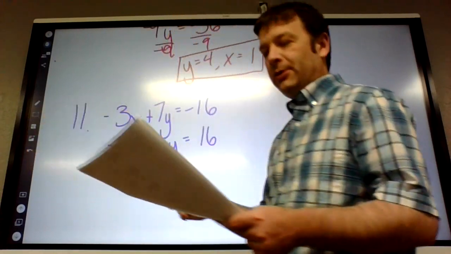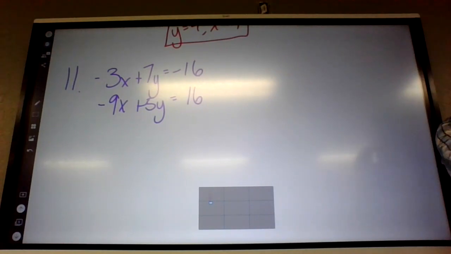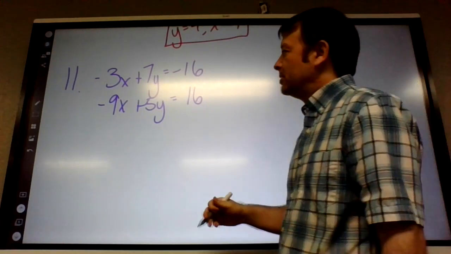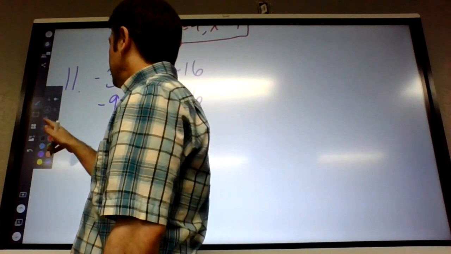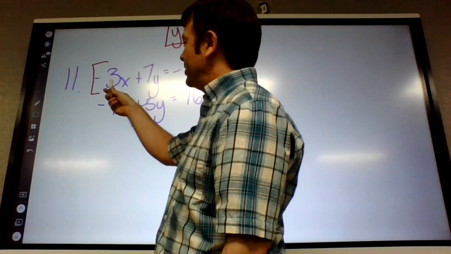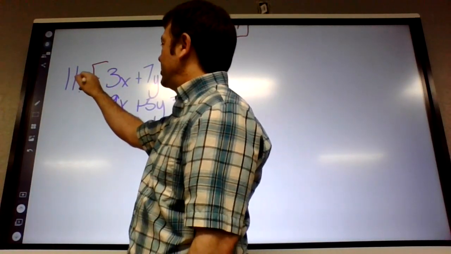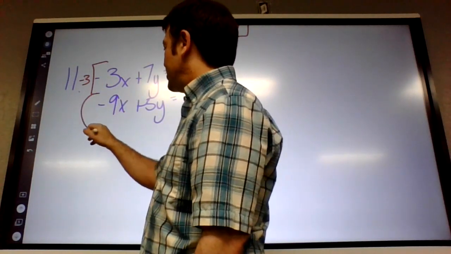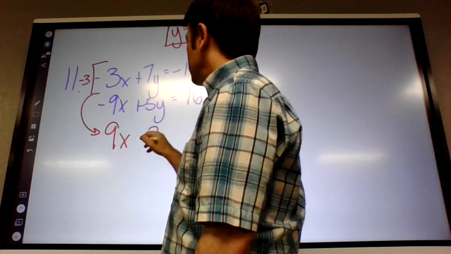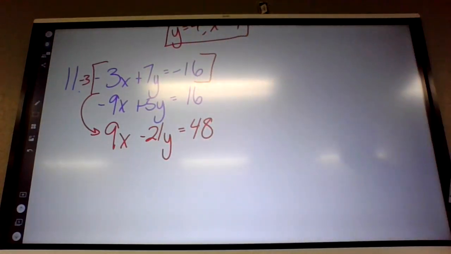All right, Shannon. You multiply the top by 3. Okay. What if I multiply this by 3? I get -9. So we need to multiply by -3 to make it a +9. Usually people get these wrong because they're losing track of all the negatives.